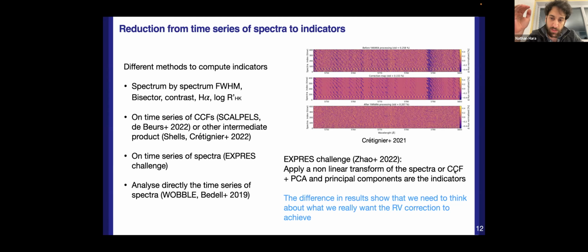There are many different results depending on the method that you use, and very different results depending on your RV correction method. So the idea of picking a transform, doing a PCA, and thanks to the theorem of wishful thinking, it's going to correlate with the RV, I'm not sure it's going to bring us where we want to be.